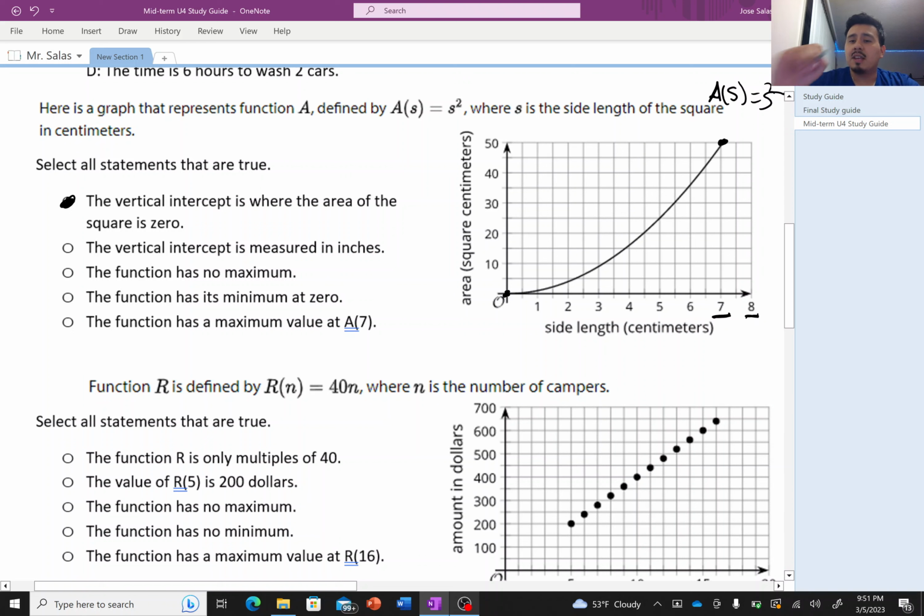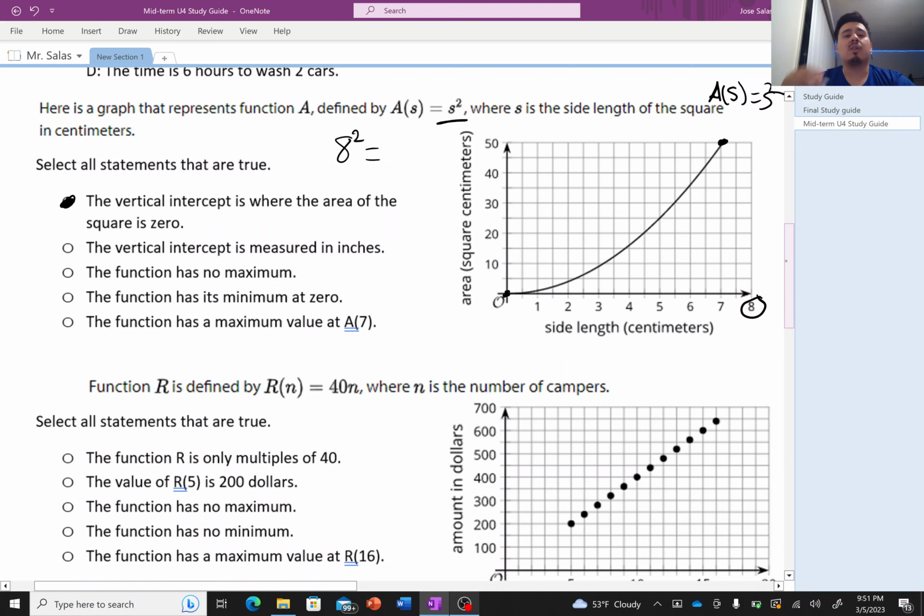So can I calculate s squared? If I take this 8 and plug it into this formula, would it give me an answer? Let's find out. Does 8 squared have an answer?